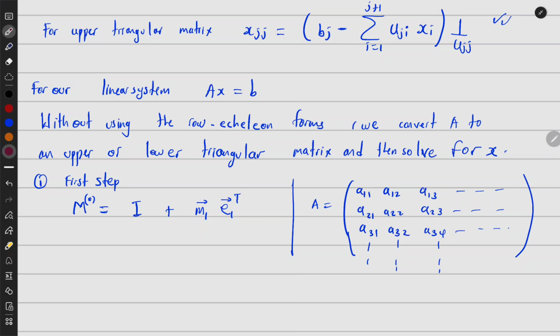So my aim is targeting at removing these ones. You remember I want to transform it into a triangular matrix, let's say upper. So I want to remove those ones and the ones which are below that. So I use m naught.